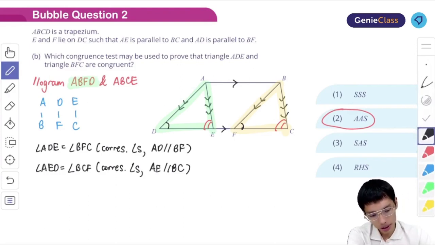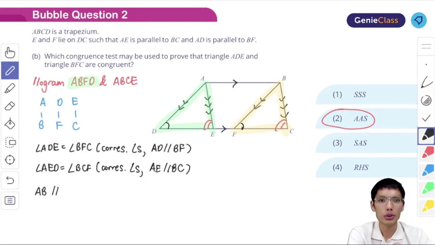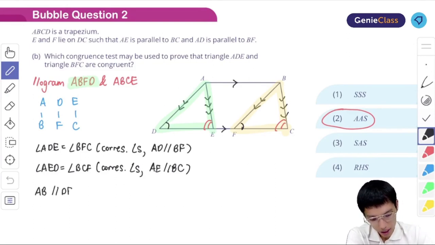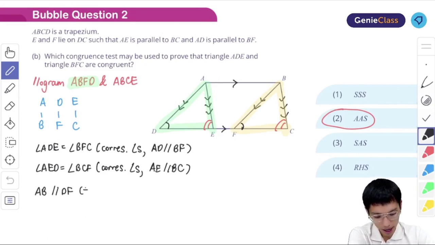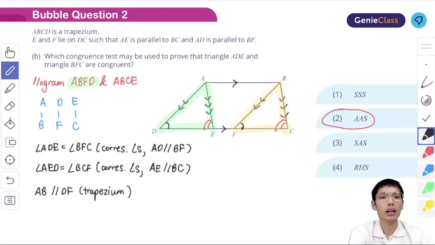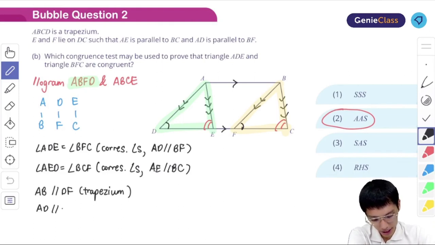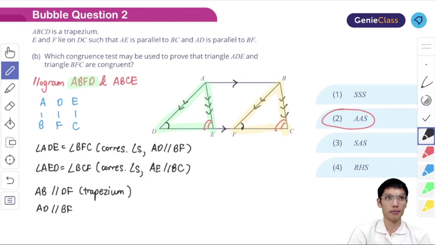First one, very simple. I have AB parallel to DF. This is quite clear because it's a trapezium. It's a trapezium, 1 pair of sides have to be parallel. Next one, even clearer, AD is also parallel to BF. It's given in the question.